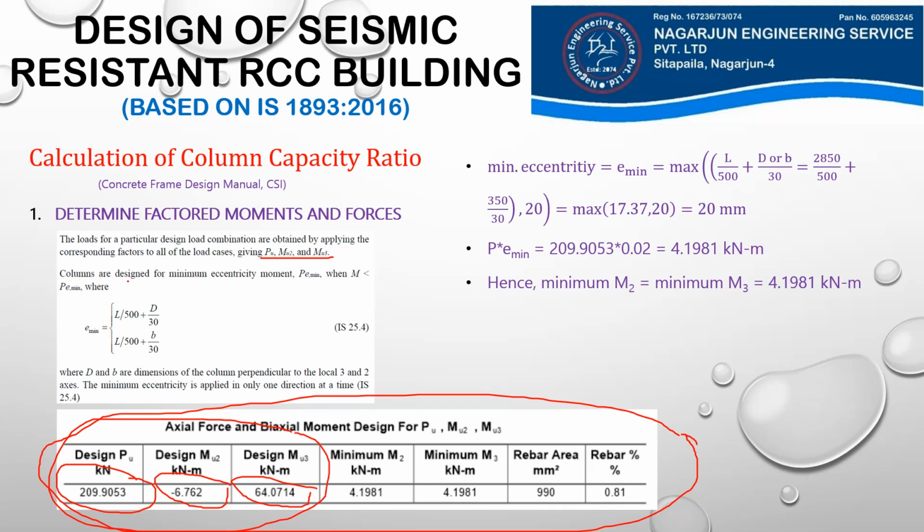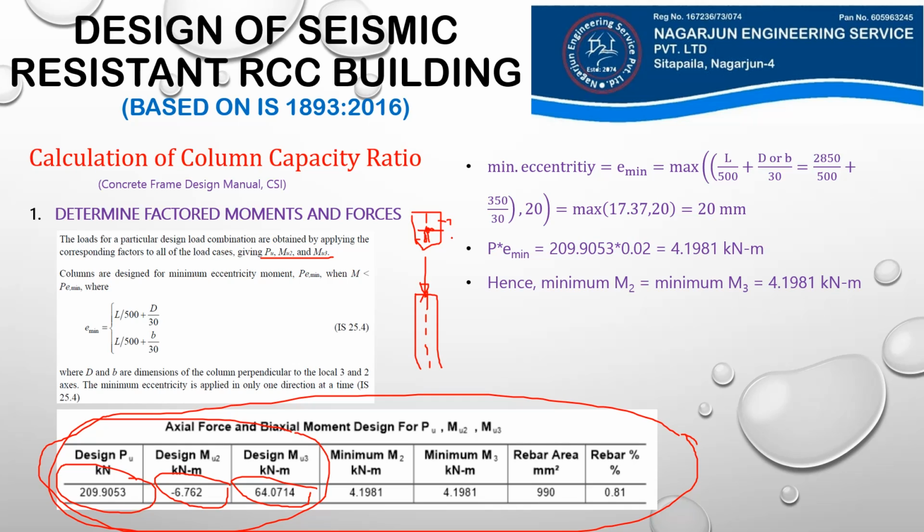Now, columns are designed for minimum eccentricity moment. Although we suppose that the axial force in the column is acting concentrically at the center itself, there may be some displacement of this axial load. It may not act at the very center, but may be displaced, or there may be minimum eccentricity due to various reasons.